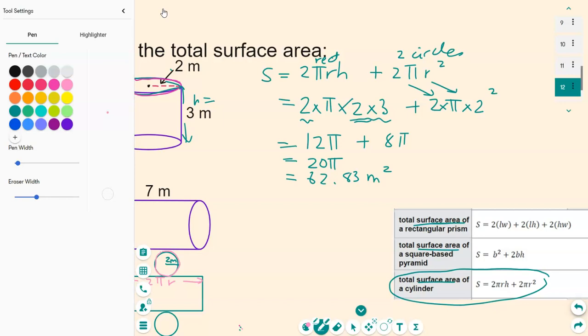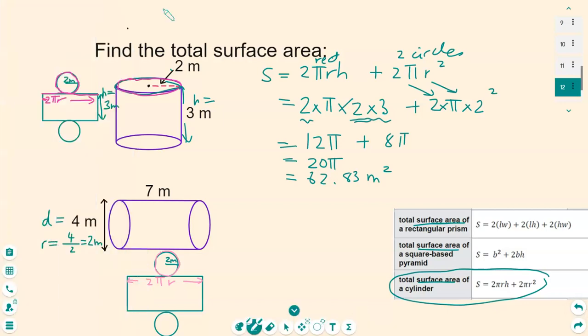And let's check it out. Now we've got all the important bits. Mostly we need, what's this distance going to be? That's going to be the height of the cylinder, 7 meters. All right. Once you've got it labeled up, you're all good.